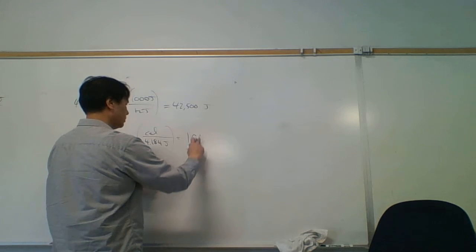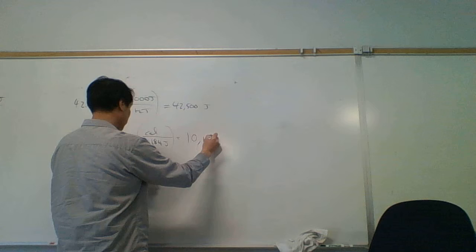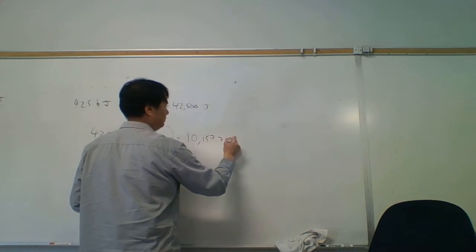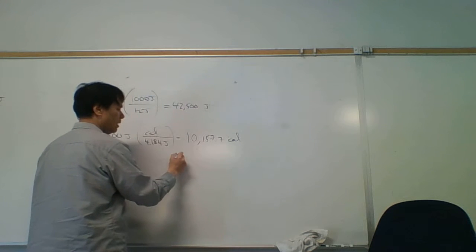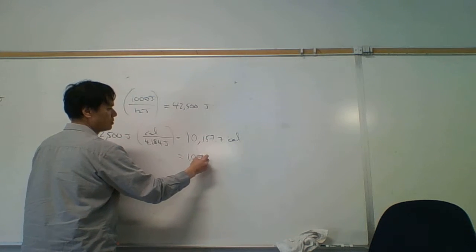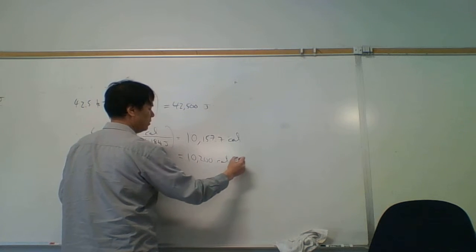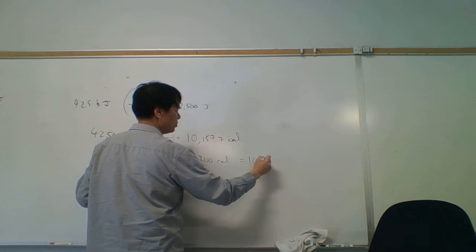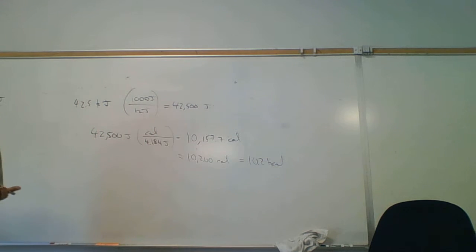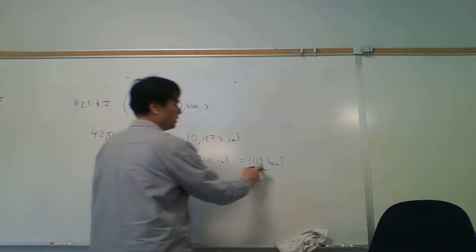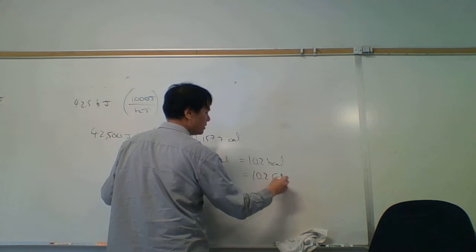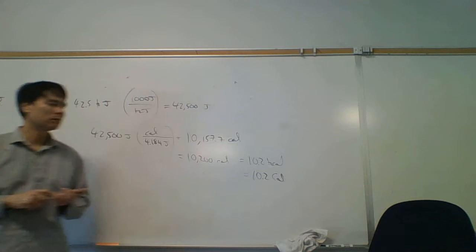That's 10,157.7 calories. We're only allowed 3 sig figs, so we might call this 10,200 calories, which is equivalent to 10.2 kilocalories. Just move that over. 10.2 kilocalories is the same as 10.2 food calories, with a capital C.